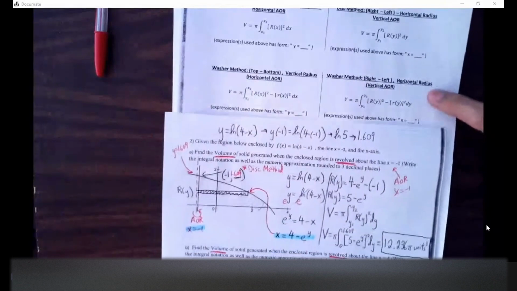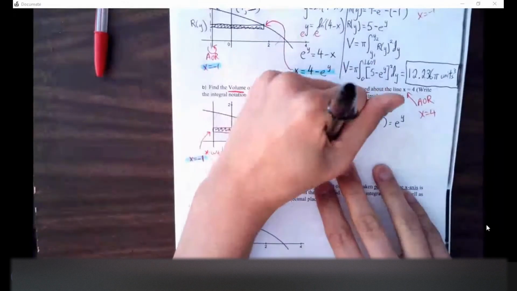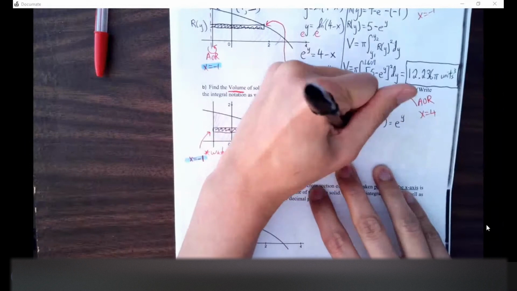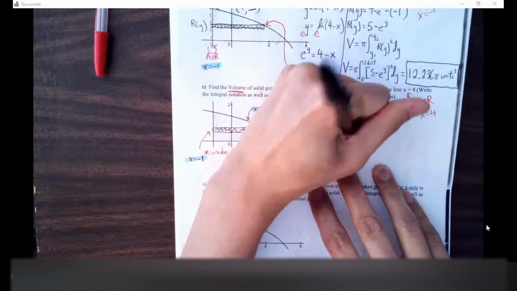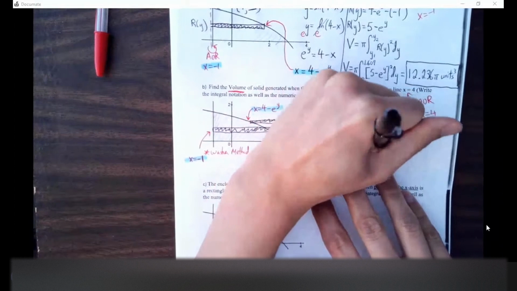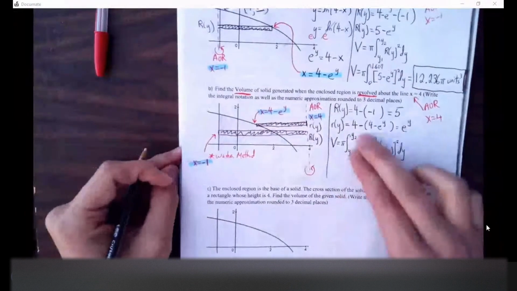Okay, so we're targeting washer method, right minus left. So we're just going to fill in what we need for this formula. Okay.